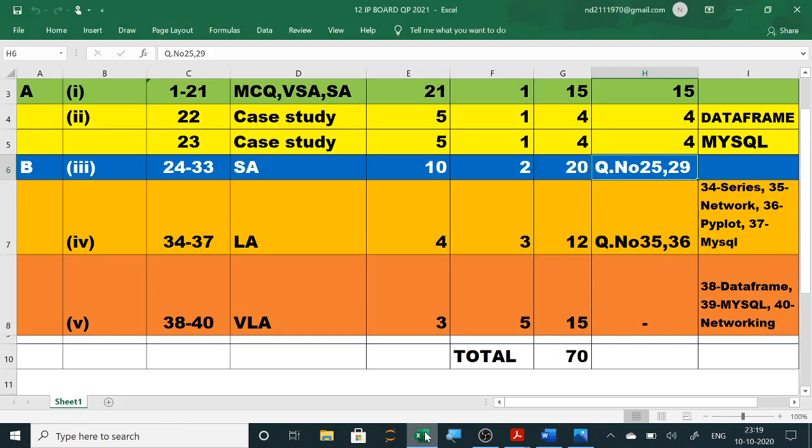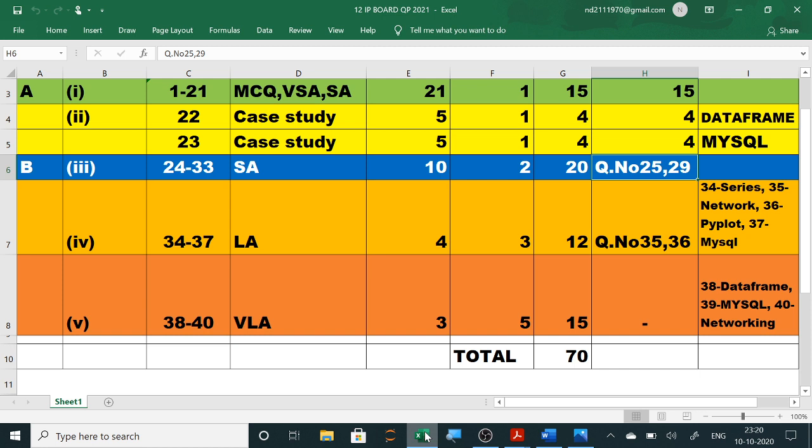So pattern, once again we will go through the pattern. That is 21 questions of 1 mark, 1 word, 1 line or MCQ, out of which we have to do only 15. Then section 2, 2 questions, case study from data frame and MySQL. Now in that sub part, out of 5 we have to solve 4.